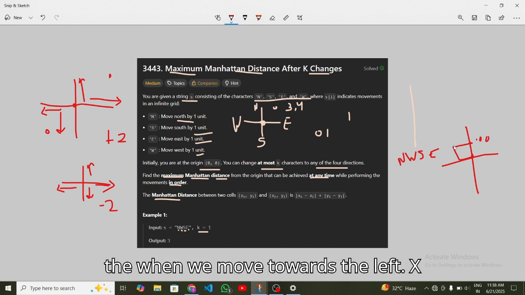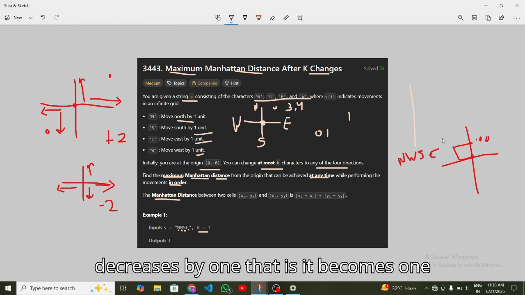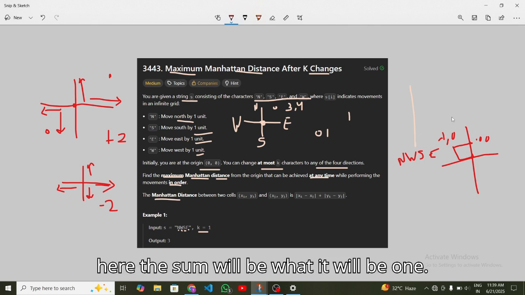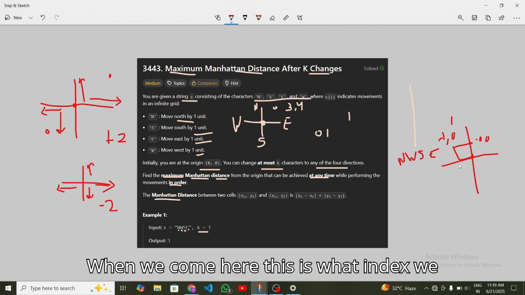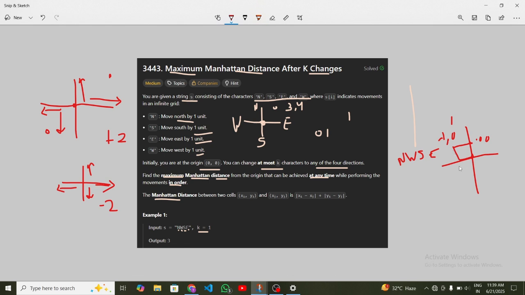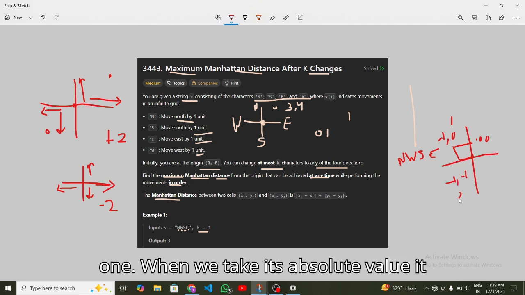When we move towards the left, x decreases by 1, that is it becomes -1, 0. Then the sum will be 1. When we come here, we are moving towards south, decreasing the y index, -1, -1. When we take its absolute value, it is 2.